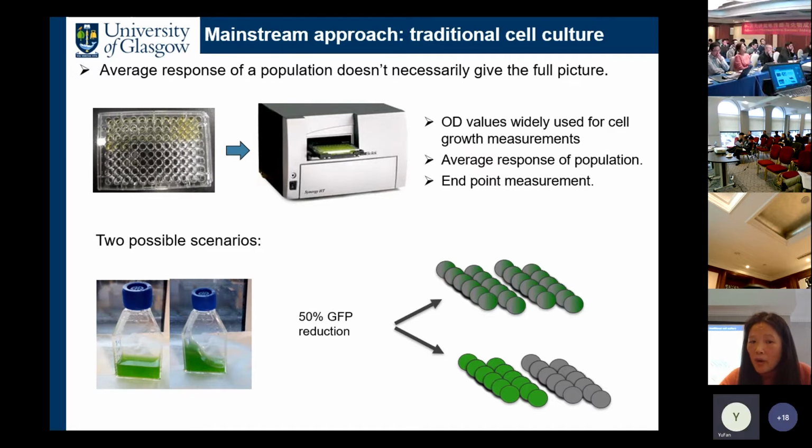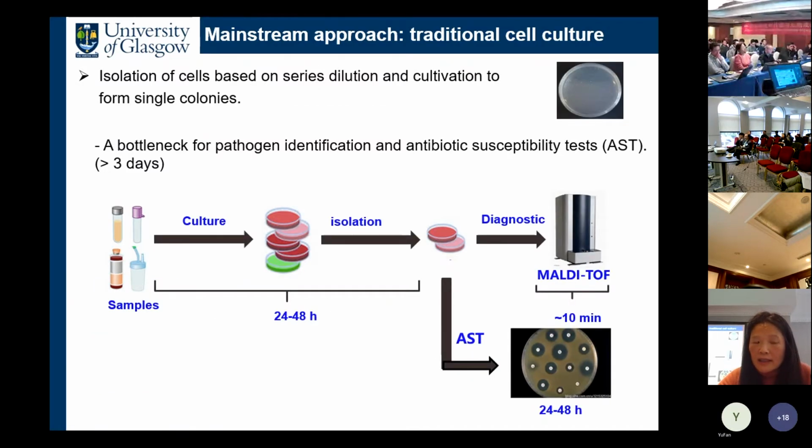So the population approach gives us a rough idea, but we are not able to study it in detail. Traditionally, isolating cells is necessary for most biological studies. This is done through serial dilution cultivation to form individual colonies in order to generate a population.